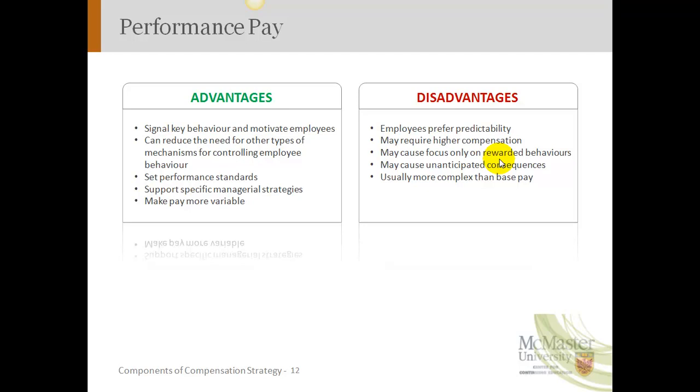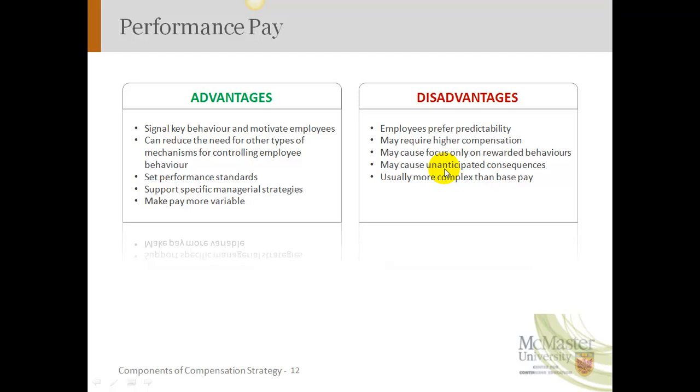Well, guess what? They may focus based on where they know they're going to get the biggest bang for their buck, on the behaviors they know they stand the biggest chance of getting compensated for at the sake of some others. So again, they may only focus on rewarded behaviors to the extent it's going to maximize their bonus. So some things might fall off their radar, which the company wants done.